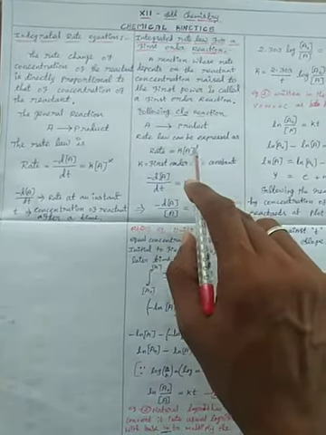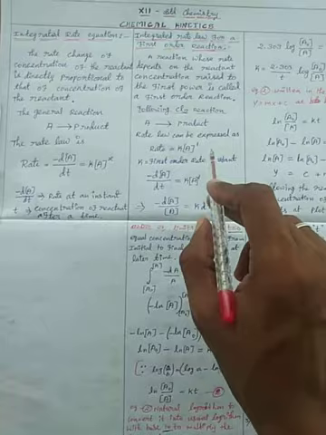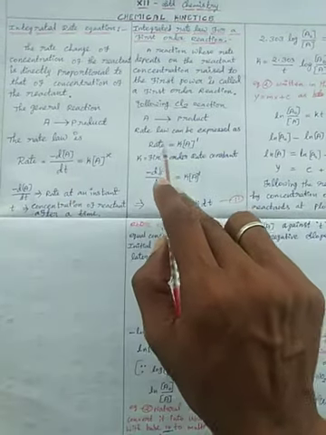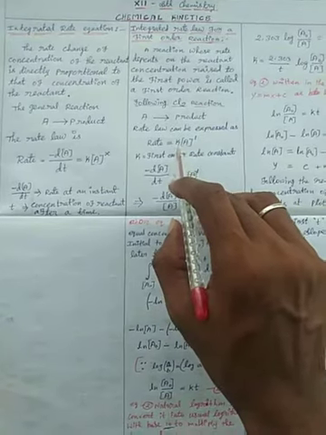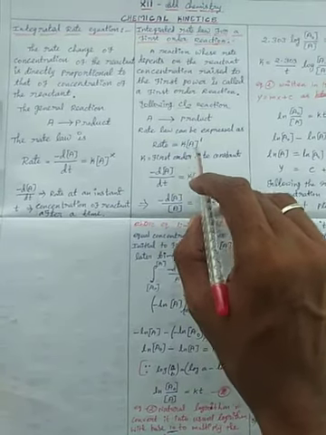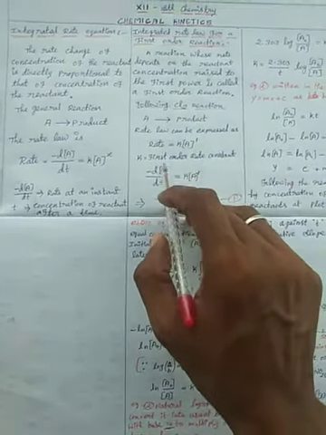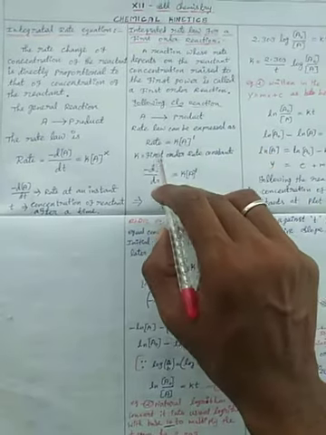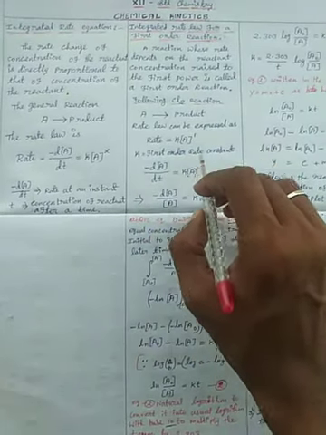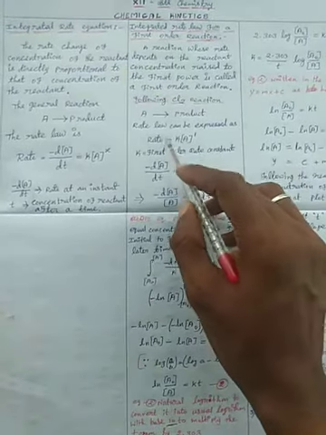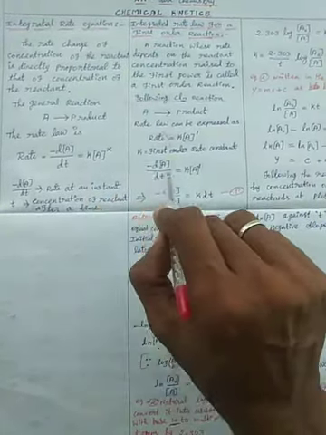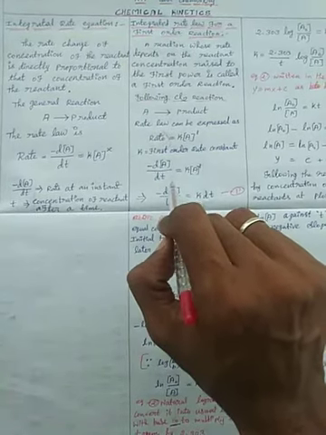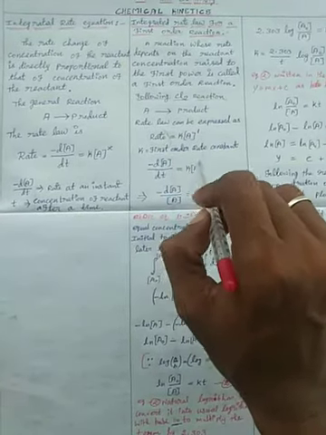So the rate law can be expressed as rate equal to k [A] to the power 1, where k is the first order rate constant. So the rate equation is minus dA by dt equal to k A power 1.